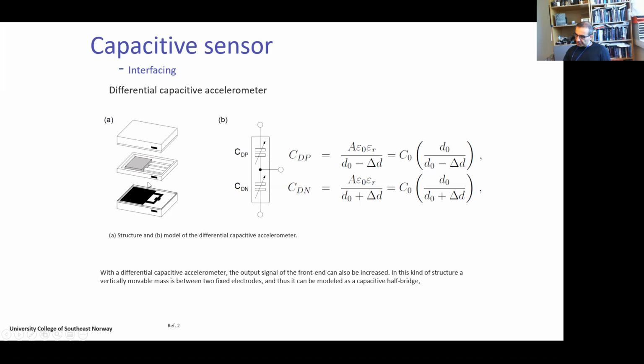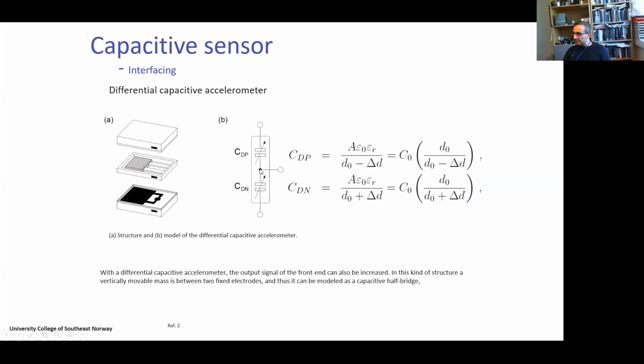which is suspended to the structure here using two springs, and the mass can move up and down due, for example, to some acceleration, and then it is placed into a box where the bottom of it has a conducting layer, and the same thing we have in the top layer. And when the mass goes up and down, then we will have two variable capacitors between under and over the moving mass. This can be modeled as the figure in B, where we have two variable capacitors.